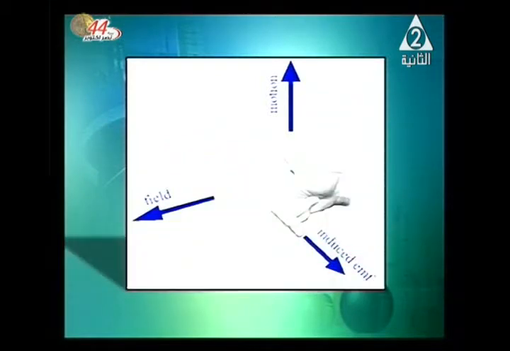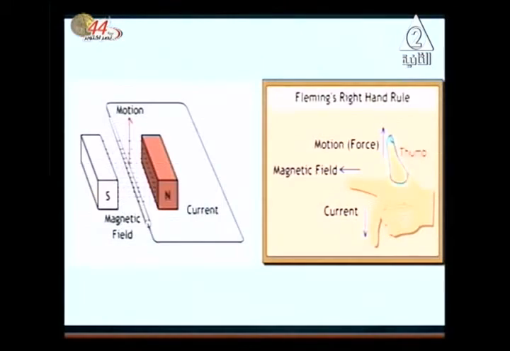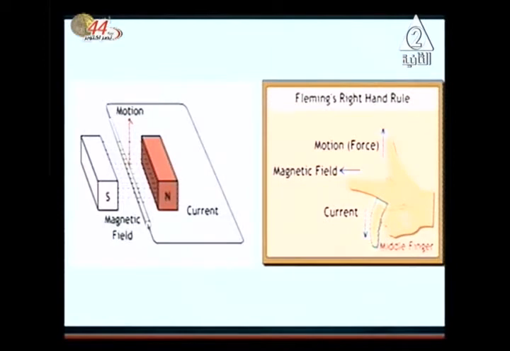What about it? It states that if the first 3 fingers of the right hand are held at right angles to each other, with the first finger pointing in the direction of the field, the thumb points in the direction of motion.